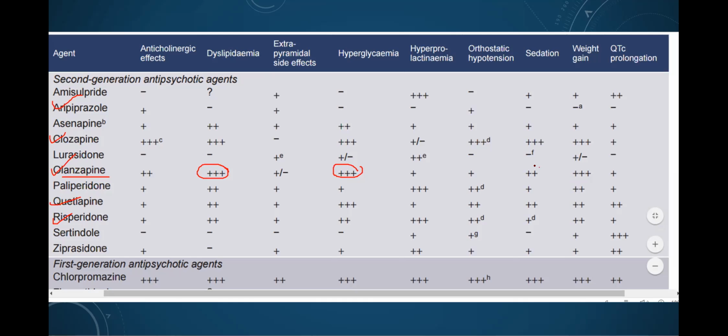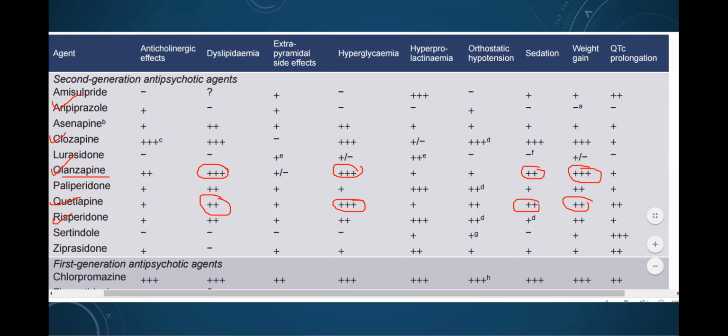It also causes a kind of sedation, but weight gain is common. So weight gain, hyperglycemia, dyslipidemia, that is olanzapine. The same with quetiapine, which also causes dyslipidemia, hyperglycemia, and weight gain, and it's also sedative. So these are pretty much the same.